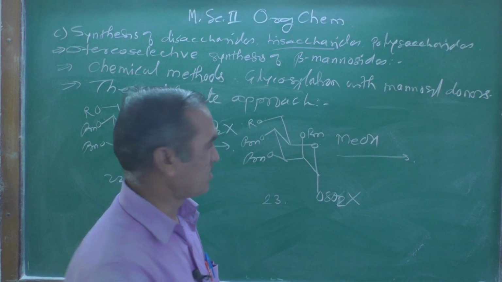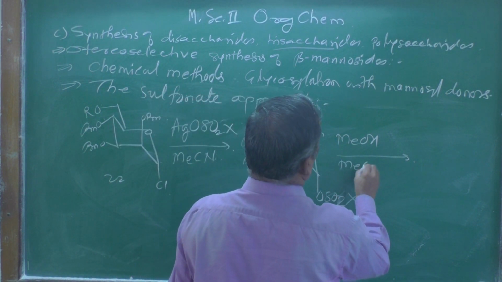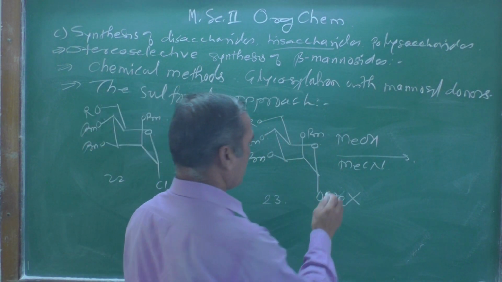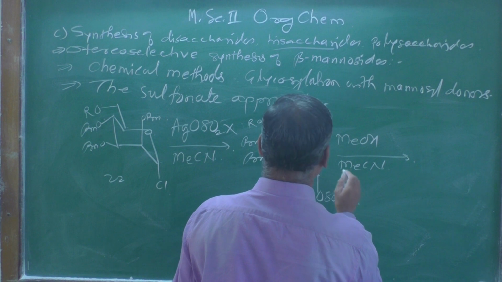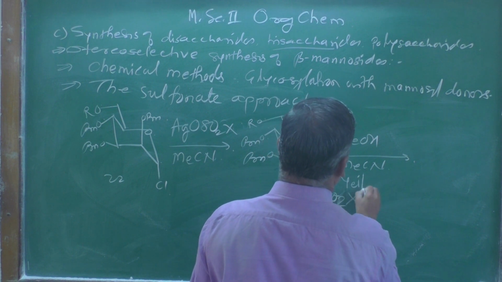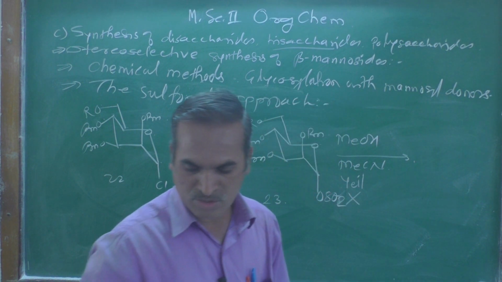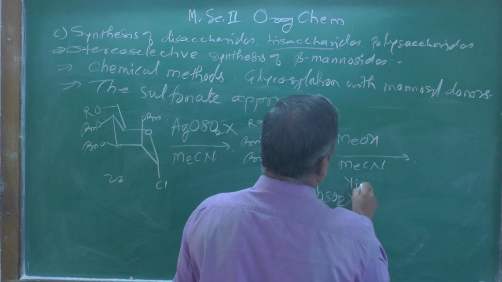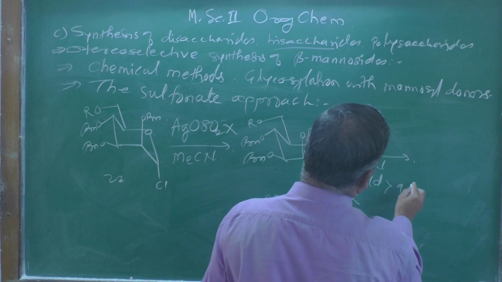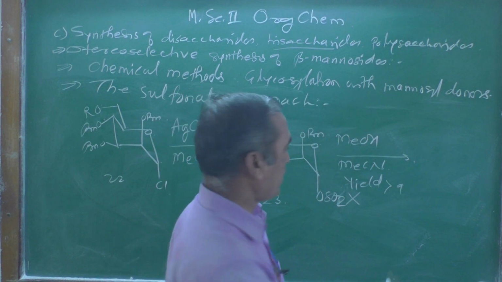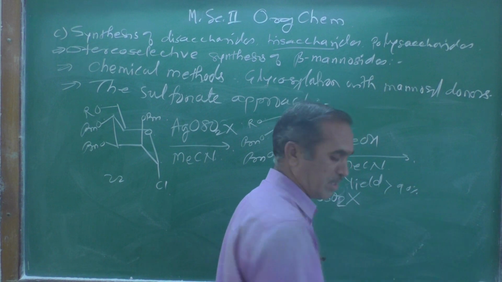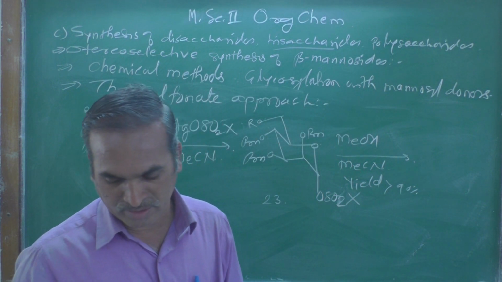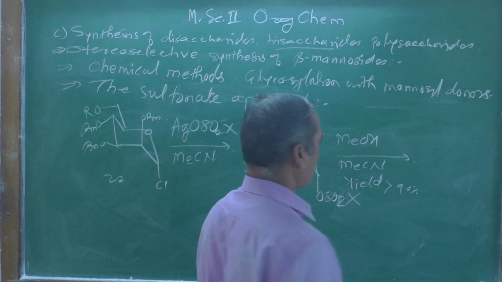The next is the solvent, again MeCN, methyl cyanide. The yield is a very good yield, greater than 90%, and therefore this is a very excellent method to get this type of product.